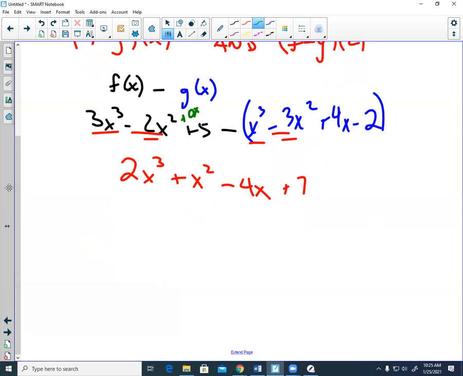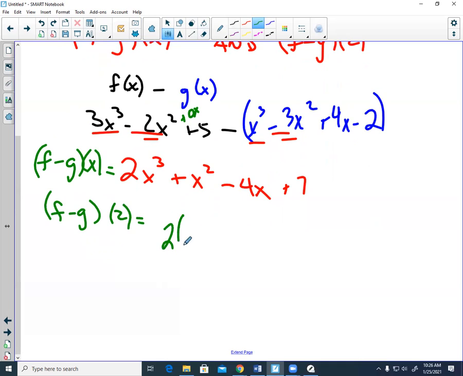So now when we plug in 2, the way that your final answer should look is f minus g of x is equal to that. That's what that should look like. F minus g of x is equal to whatever that thing is in red. And then now what it wants you to do is solve for when x equals 2. So now it's f minus g of 2 is equal to, we just plug 2 in for all of those x's.